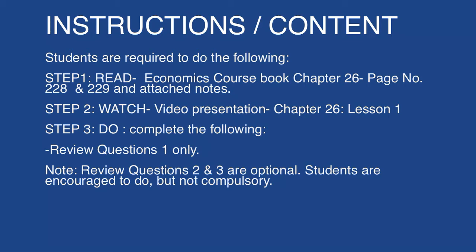There are about 3 review questions attached in these notes. The purpose of attaching more questions is to help you in future prepare for IGCSE economics. For now just do review question 1, that's good enough, but in future please try review questions 2 and 3, which I believe are very important.